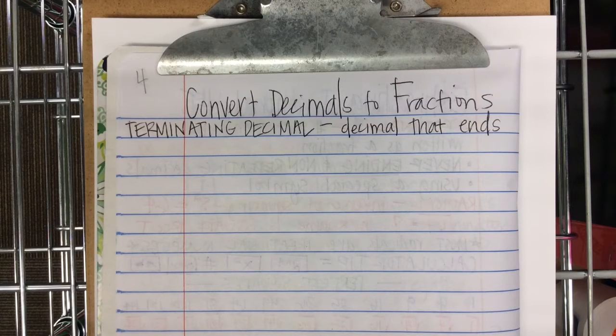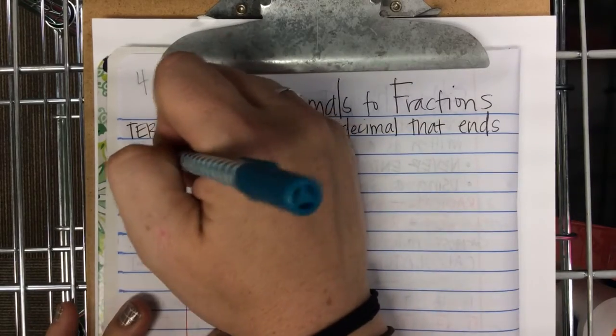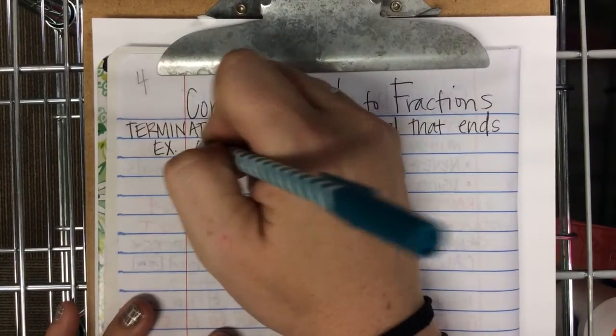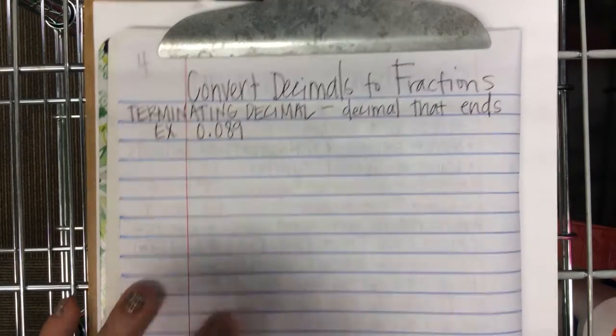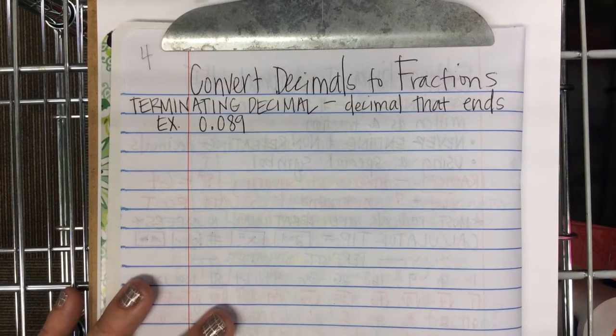A terminating decimal is a decimal that comes to an end, it stops. Let's talk examples. 0.089. That's a terminating decimal, right?